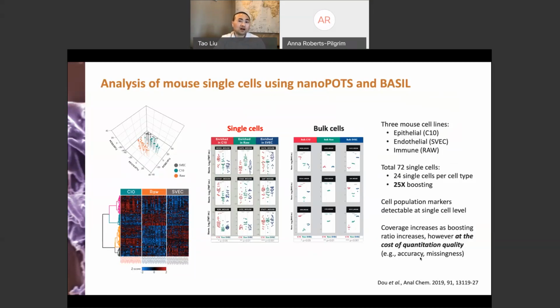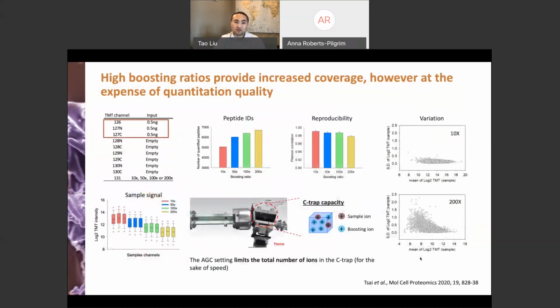So we asked ourselves why, and how can we further improve this? The limitation, obviously, is limited by the total amount of ions that is feasible for the mass spec to accumulate and then transport to the next stage of detection.